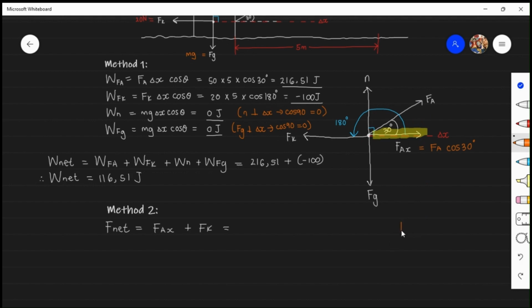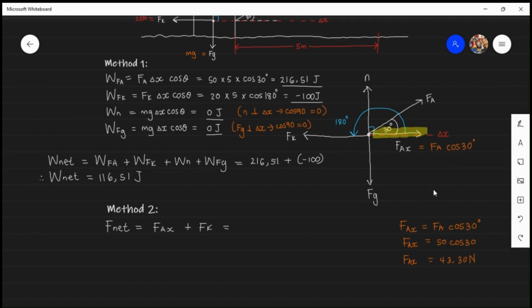So let us now calculate for the horizontal component. Our applied force is 50 newtons, and that is going to give us a value of 43,30 newtons. And because that is positive, it is in the right direction. Now that is going to be important when we determine our value of theta.